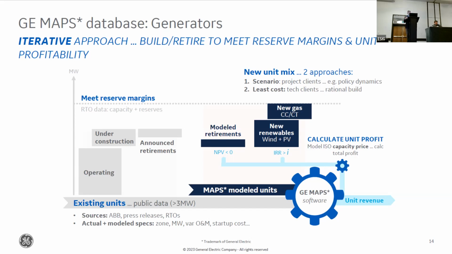But we have an iteration around the new units, and we basically judge to see if the new units are financially viable or not. If they're not, we'll take some of them out and rerun it, until we get to a stable point where, from a financial standpoint, particularly for new units, you're not going to invest in a unit if you're going to lose money. That unit would be viable in that long-term capacity expansion.